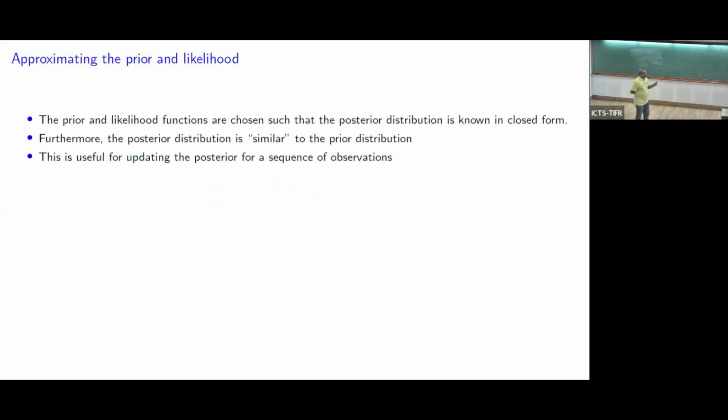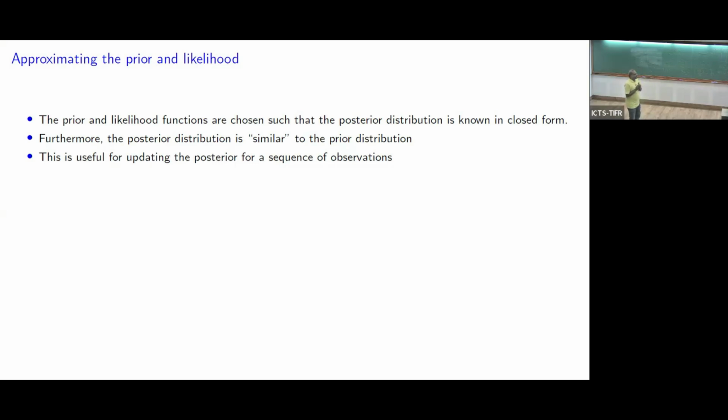So there are two ways in which we try to handle this. One is a more analytical way, where we choose some special forms for the prior probability function, or the prior belief, and the likelihood function.